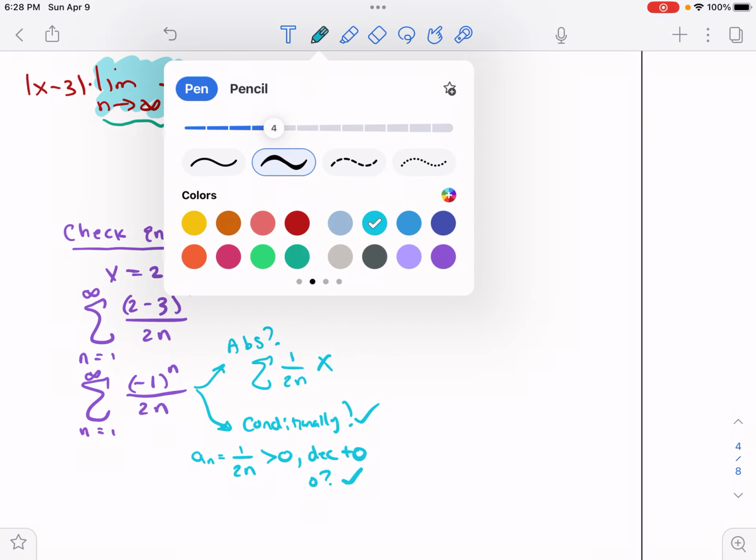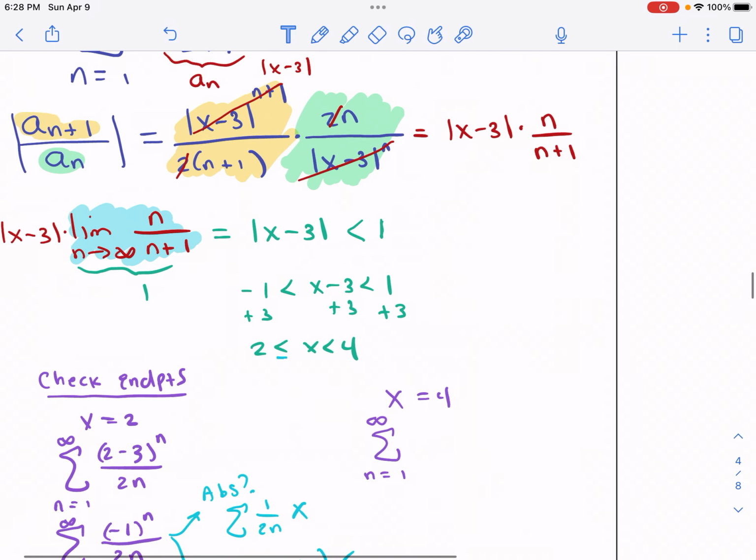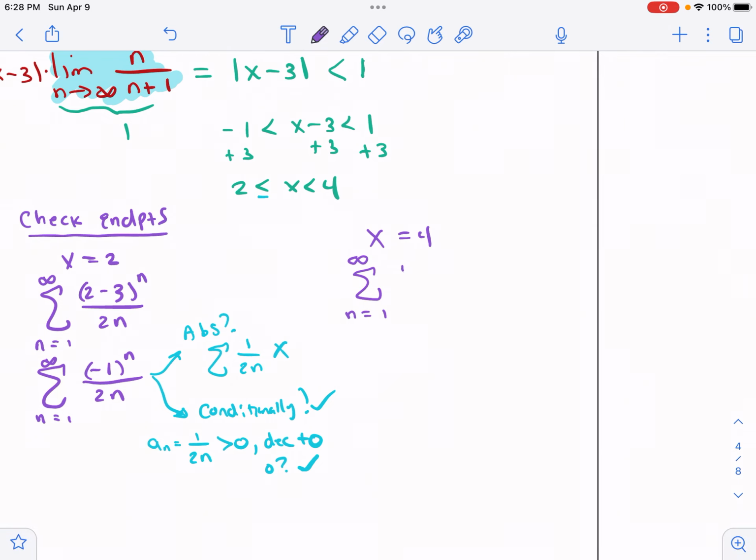Okay, let's check x equals 4. When you plug 4 in for x, I get (4 minus 3)^n over 2n, which results in 1^n, but that's just 1.